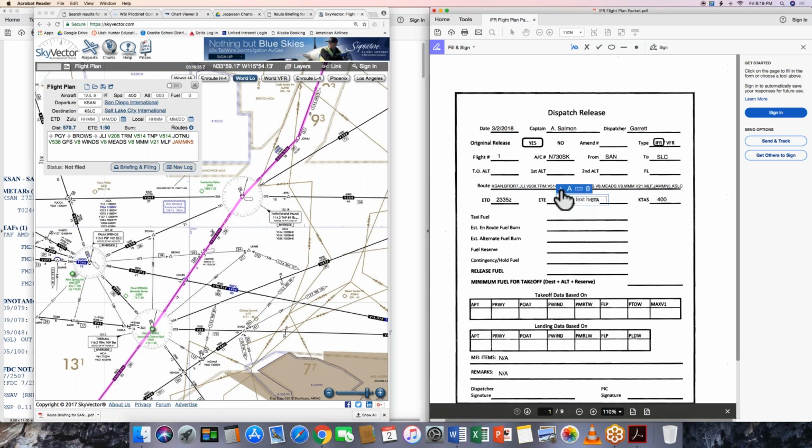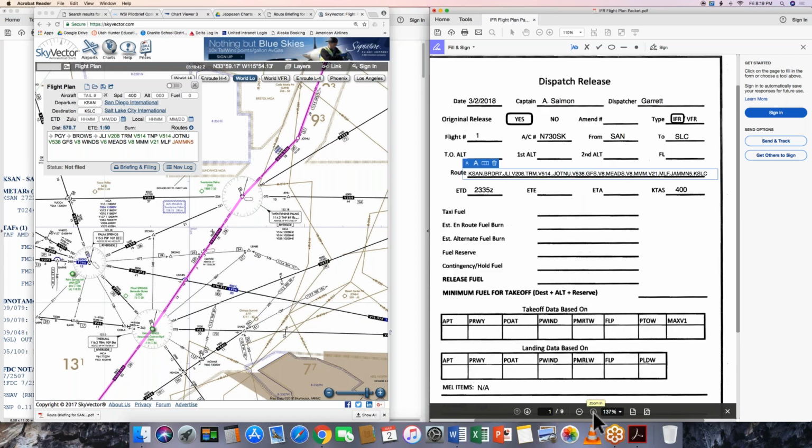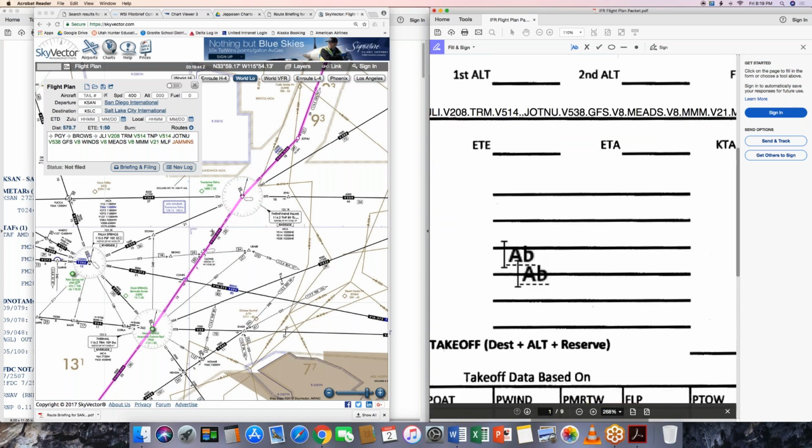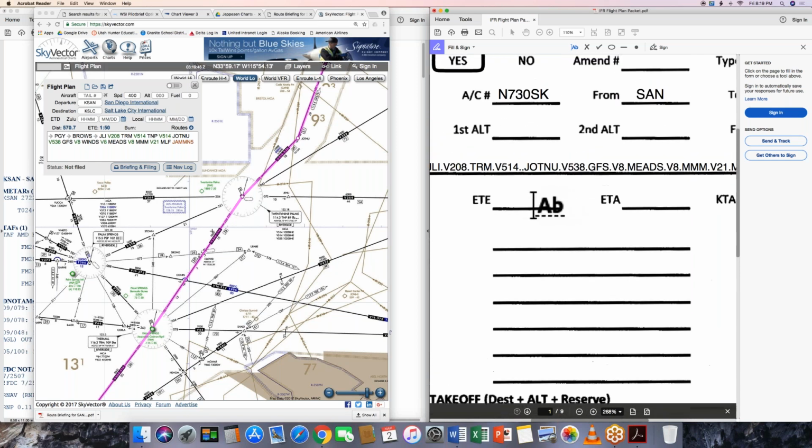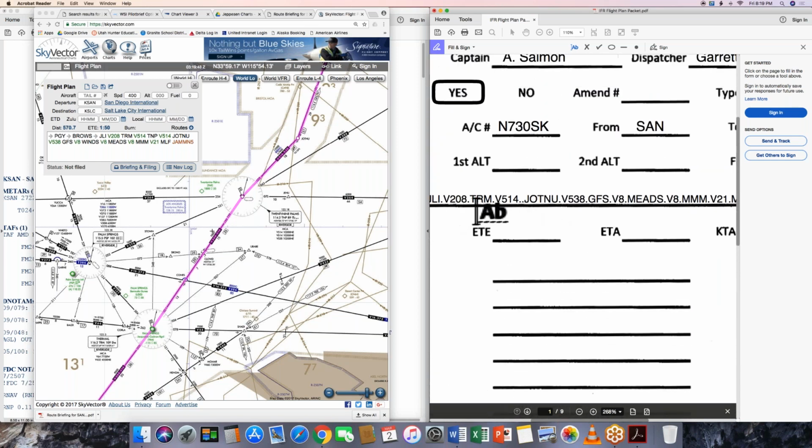One thing that I'm seeing here that I goofed on was, I'm going to zoom in here. When we're writing down an IFR flight plan, you see the periods in between each spot. If there's a single period, that means you're going from this point to this point using a route or a Victor route. If there's a double period, that means it's direct.